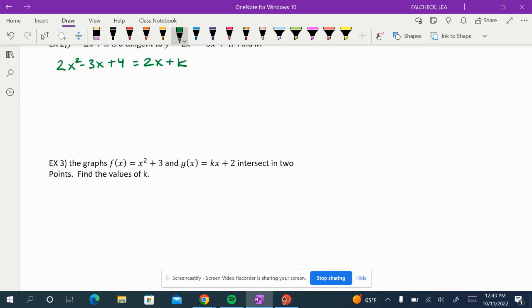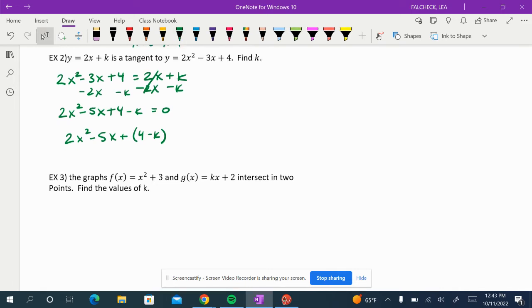So now we have minus 2x. We have 2x squared minus 5x plus 4 minus k. I'm just going to group the 4 minus k together because it helps underscore the idea that that is supposed to be the c, or the constant.